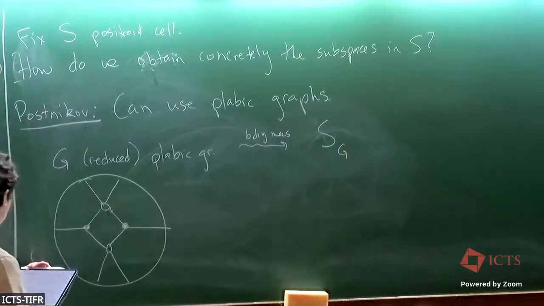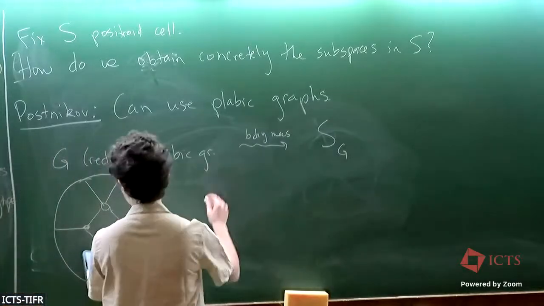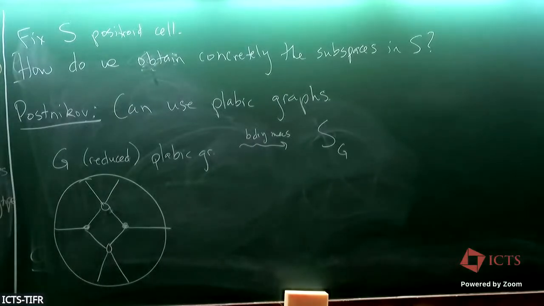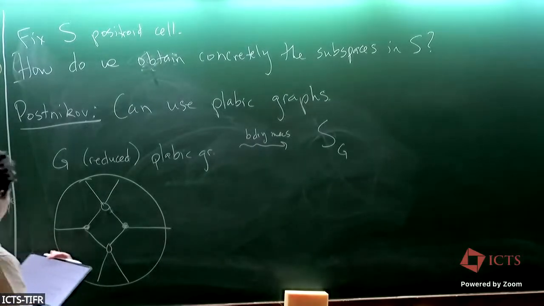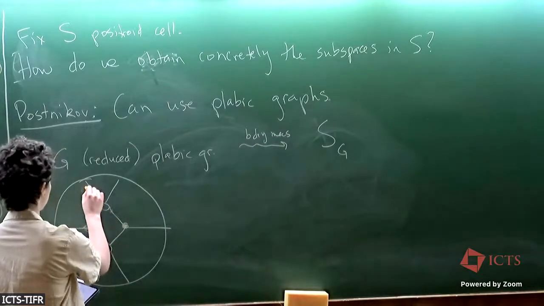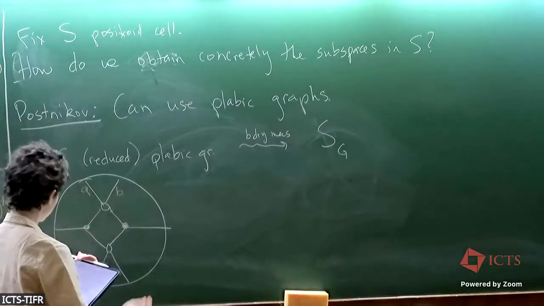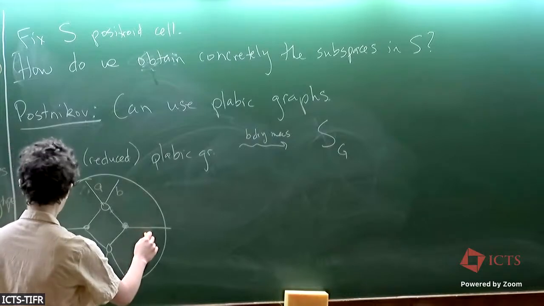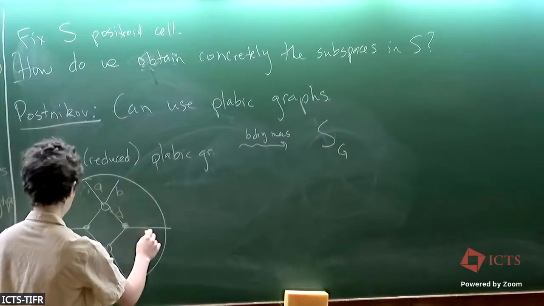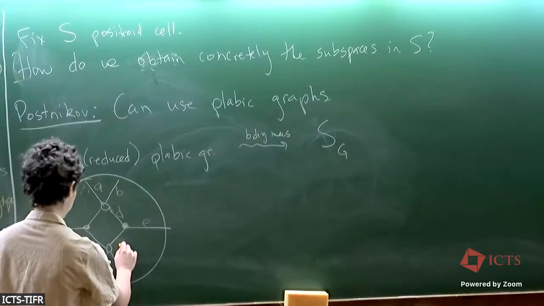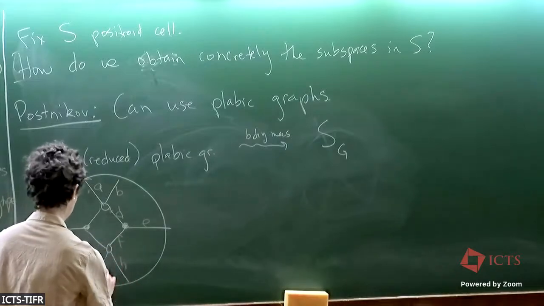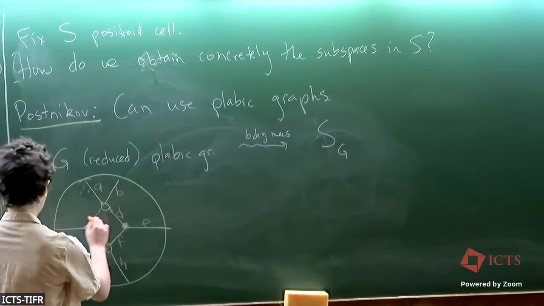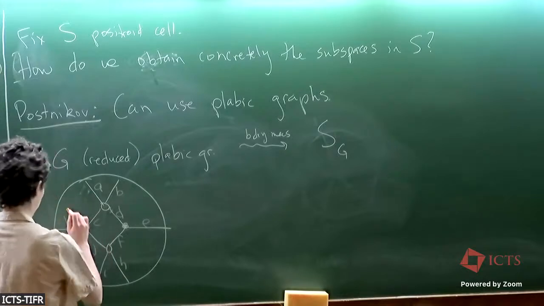Okay, here's my graph. So the first thing I'm going to do is put some edge weights on here. You should think about these as being positive real numbers that I've picked in advance, and they decorate each edge. Okay, here are my edge weights.